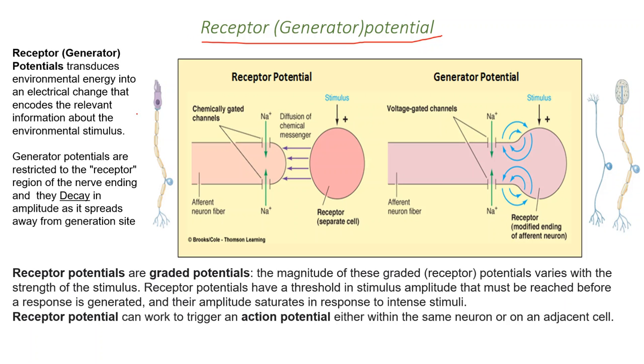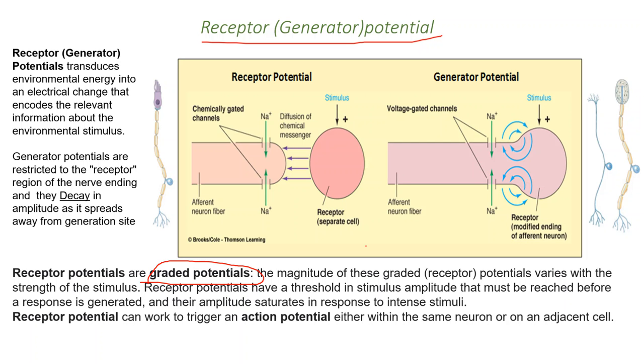These are graded potentials. Remember when we talked about the difference between graded potentials and action potentials, we defined graded potentials as potentials that can vary in magnitude. In fact, receptor potentials vary.